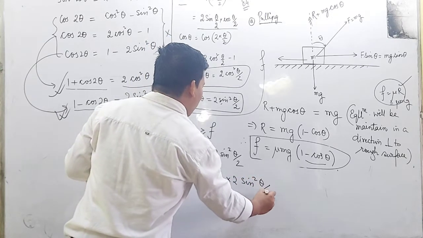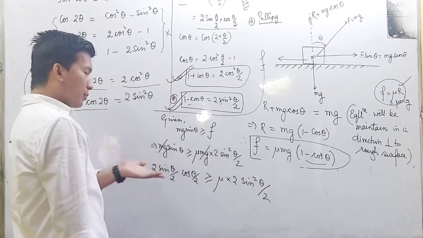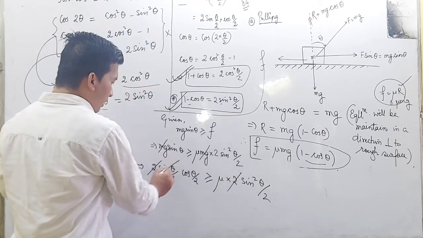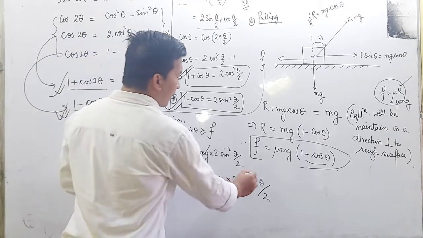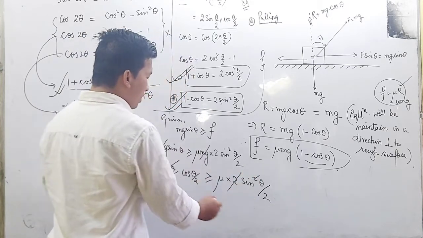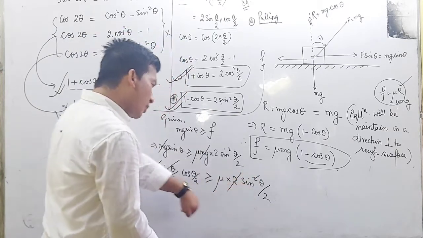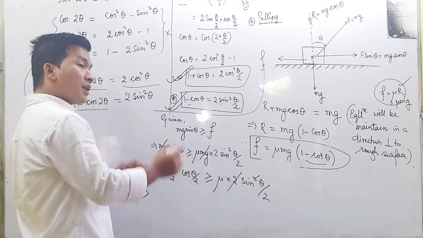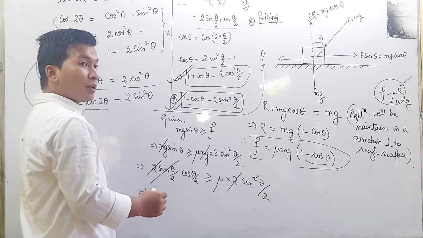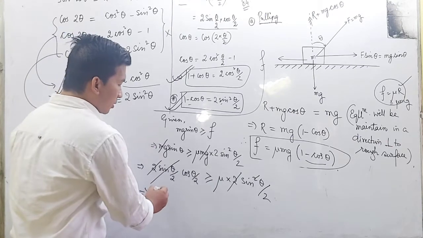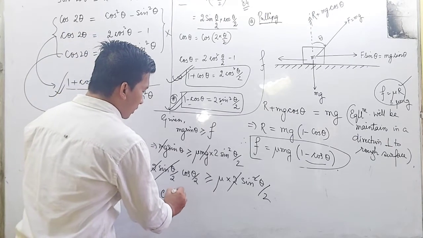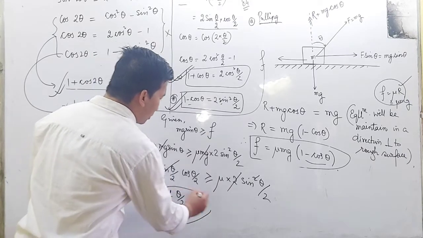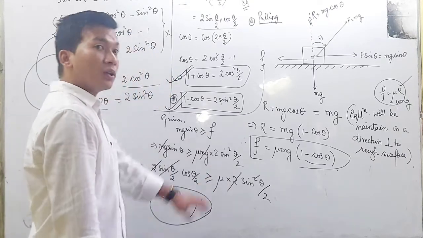Here this 2 and 2 get cancelled out, and one sin theta by 2 gets cancelled with the power, so when this is transferred over this side we will have cos divided by sin, which is cot. So cot of theta by 2 is greater than or equal to mu. This will be the required condition.